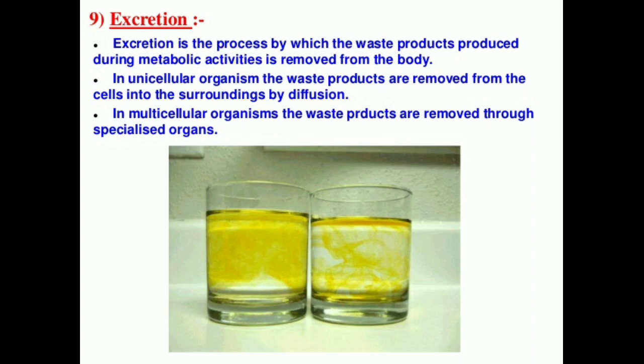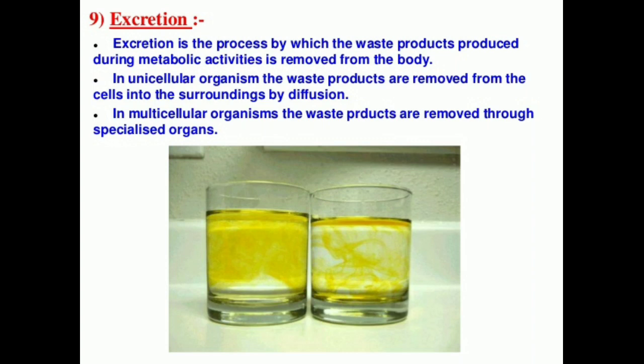Different animals have different arrangements for excretion which depend on the constitution of the animal. In the case of unicellular organisms, the waste products are removed from the cells into the surroundings by the process of diffusion. And in the case of multicellular organisms like humans, the waste products are removed by specialized organs.